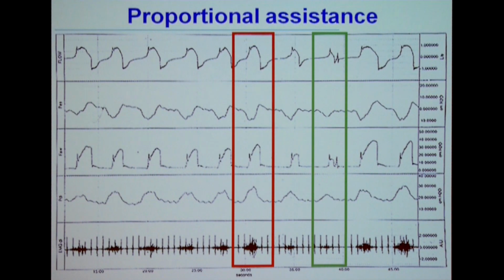Here the level of assistance is here, and here is the esophageal pressure. When we have a huge inspiratory effort, the patient receives a high level of assistance, and with a low inspiratory effort, the patient receives a low level of assistance.